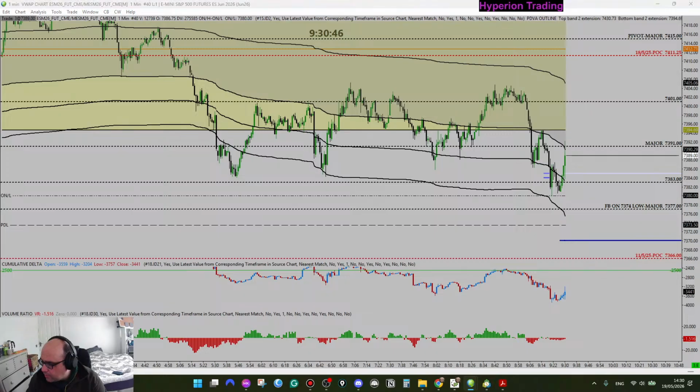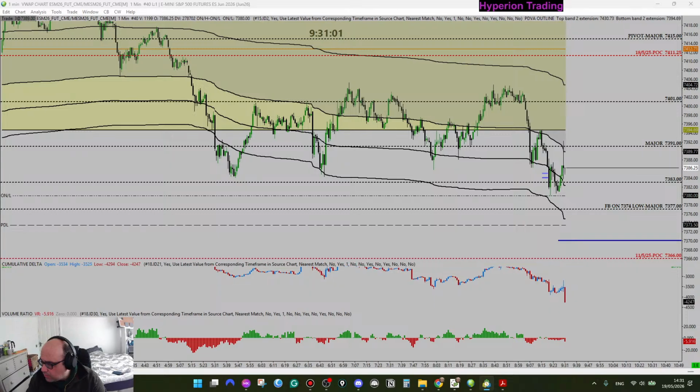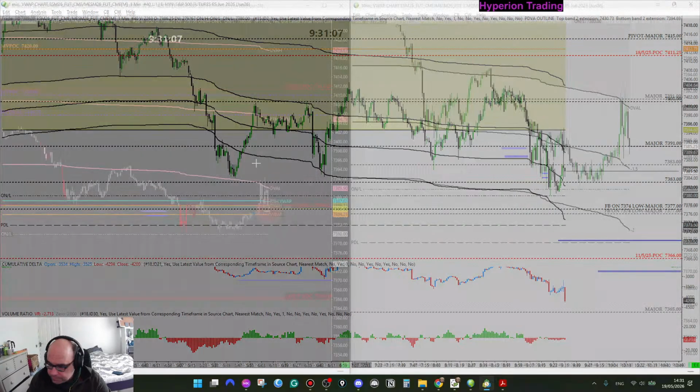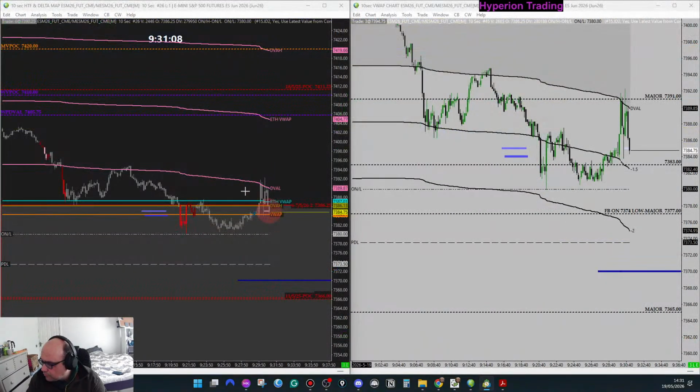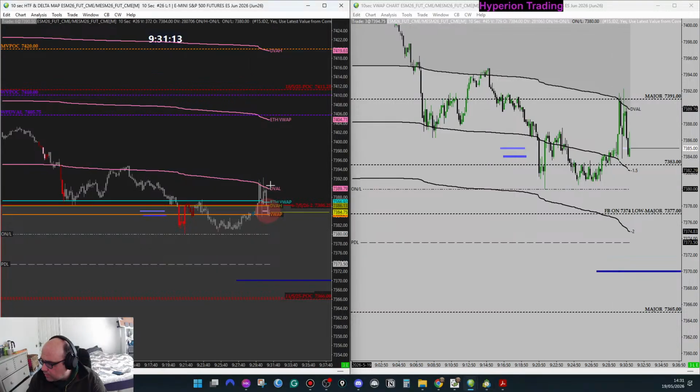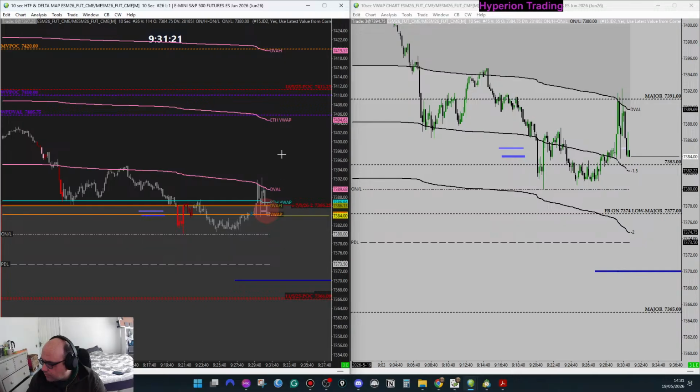We saw here a nice momentum candle, and if that could hold and go again up to the upside, that would signal a very good trade, very good entry.